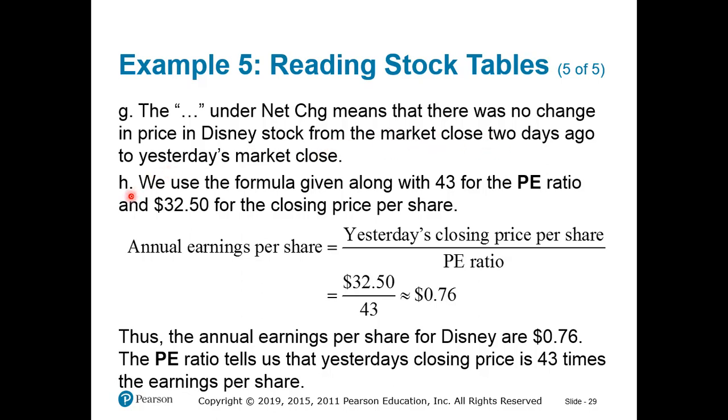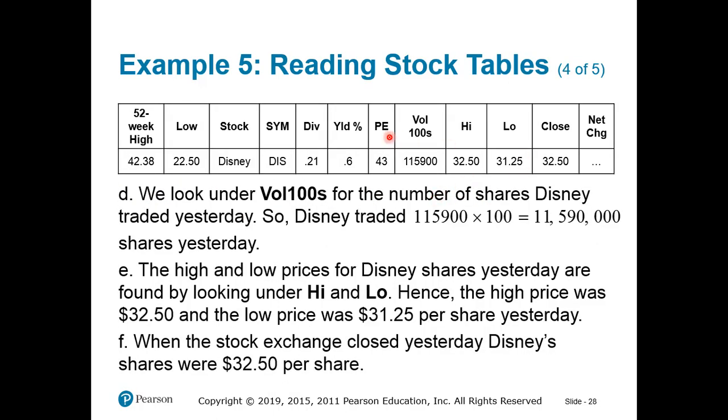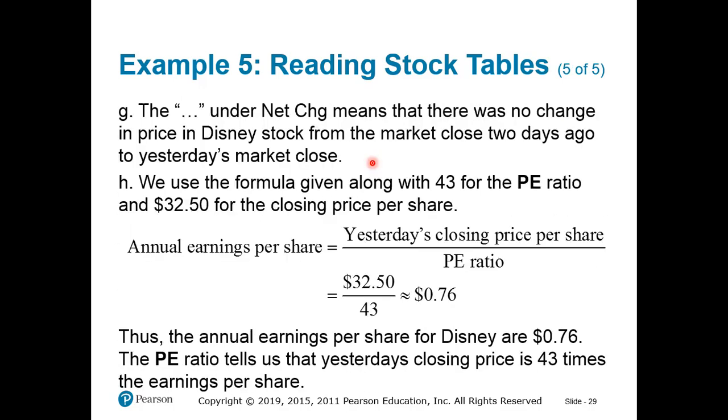Okay, then H says we use the formula again with 43. So the PE, where's PE? 43. So that's the PE 43 and the close, which is 32.50. Okay, so we're going to use these two numbers to find the annual what? The annual earnings per share. So we find yesterday's closing price and we divide by the PE ratio.